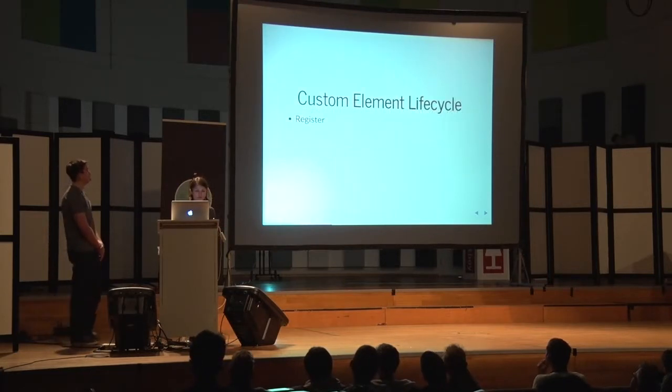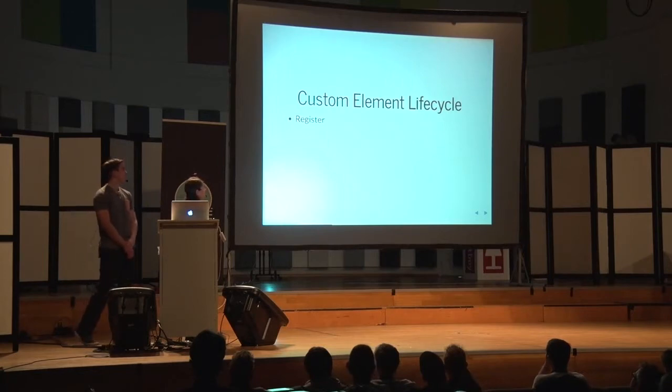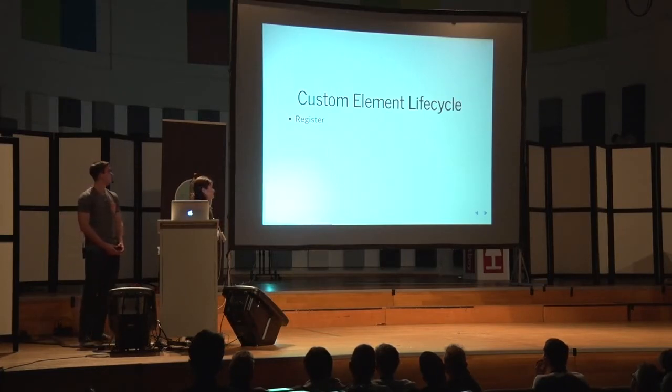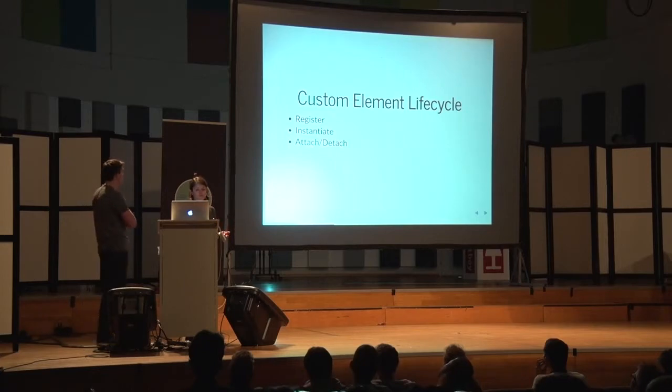So there are a few things that we need to know about custom elements. Custom elements have something called a life cycle. The life cycle of a custom element is comprised of registration of the element, then instantiation, attaching and detaching the element to the DOM, and then the attribute changes of that element.